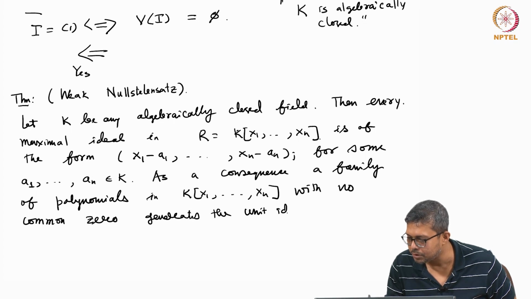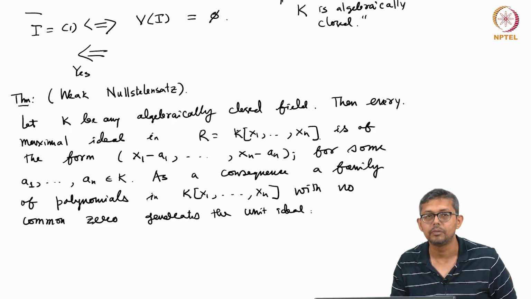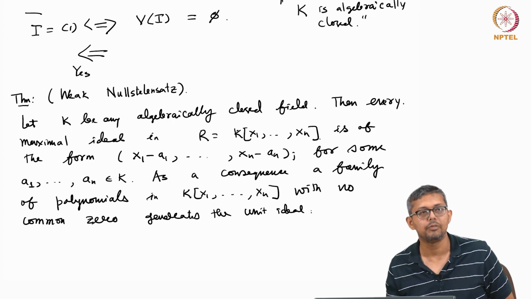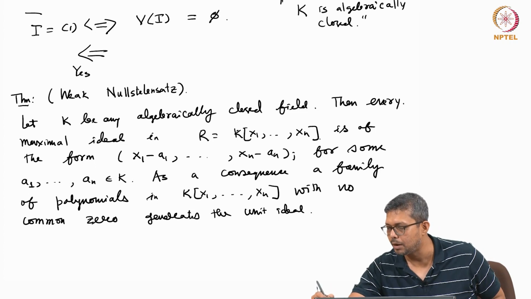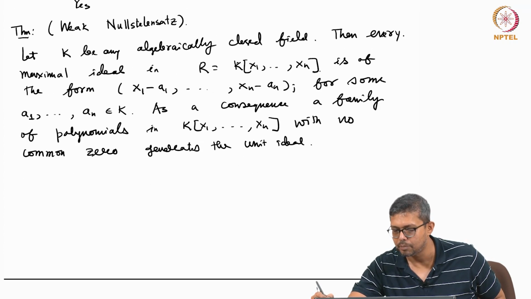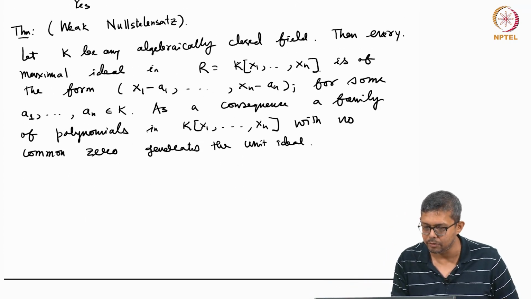So, this is a converse question which I asked. If they do not have common zero, that means V of F is empty. So, then it should be a unit ideal.